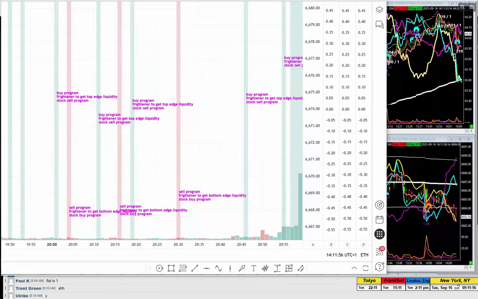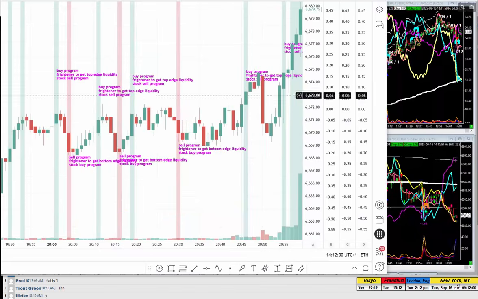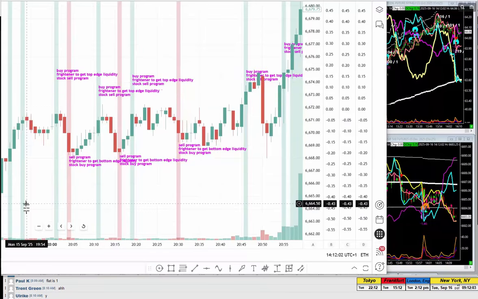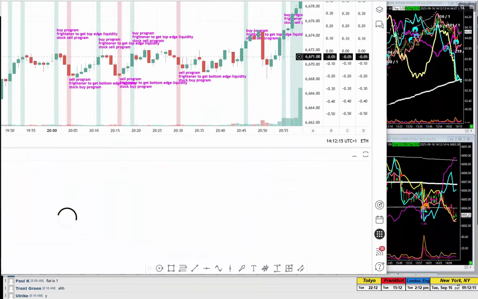So let's take a look and see what we think about these as possibilities. What do we make of what happened here? Well, there's a couple of things that we can decide. First of all, did it have follow-through is always one of the big questions. Well, the answer was it never had any follow-through at all.